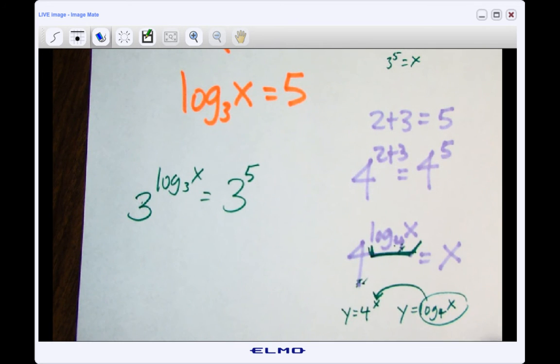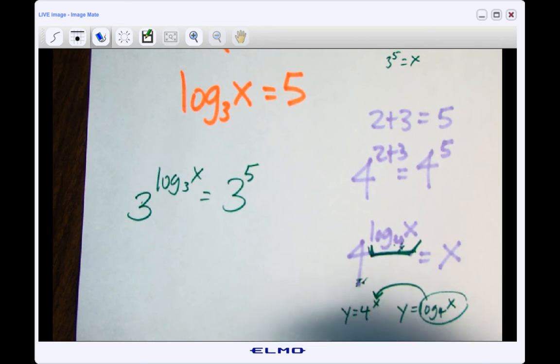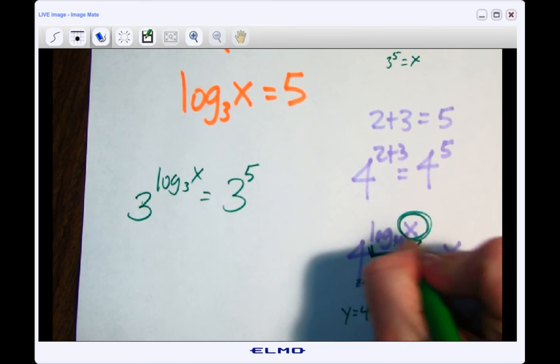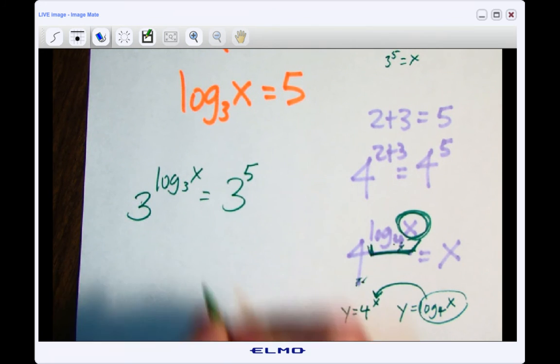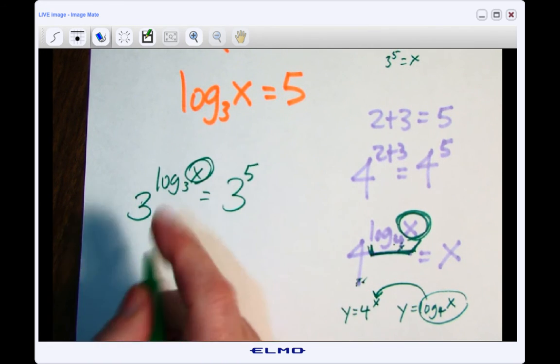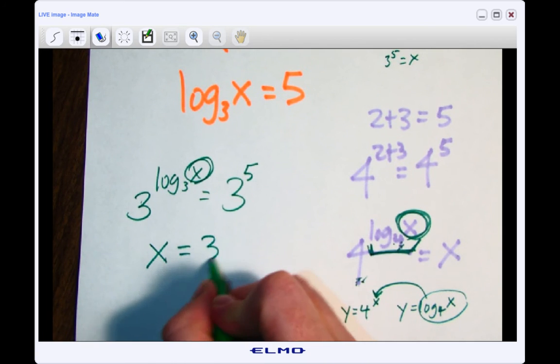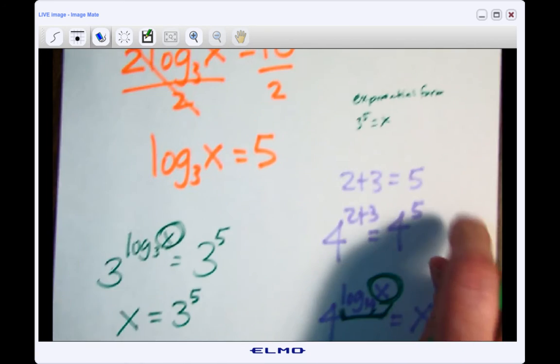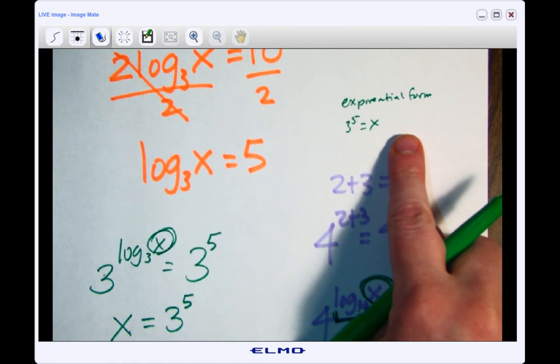Or sometimes I hear people say cancel each other out, which I don't like as much, but if that's the idea that sticks in your brain, so what's going to be left over is whatever is here. That's what it's going to be equal to. These two things are going to undo each other, and we're going to have an x here is equal to 3 to the 5th, which of course is the same thing as if you had thought about it in an exponential form.